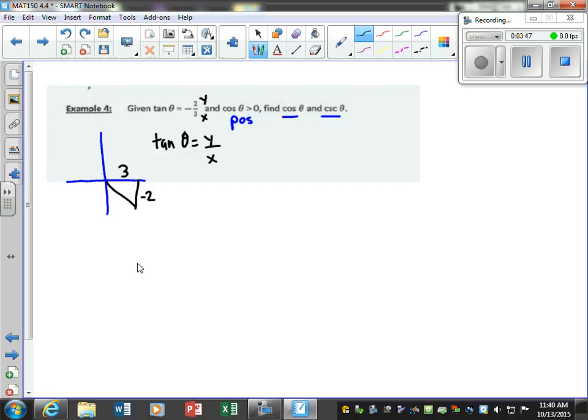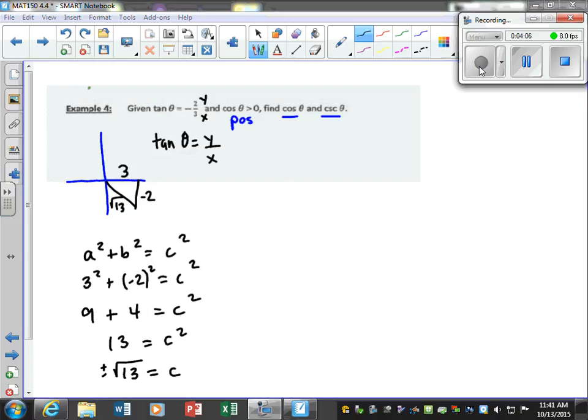So now that I have these two labeled, what can I do to find the missing side? Pythagorean theorem, or you can use r equals the square root of x squared plus y squared by definition, but most people are most comfortable with Pythagorean theorem, so whatever works best for you. Okay, so I paused it and I did the Pythagorean theorem.